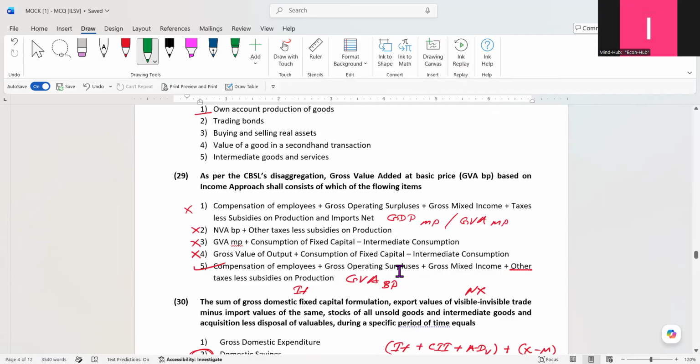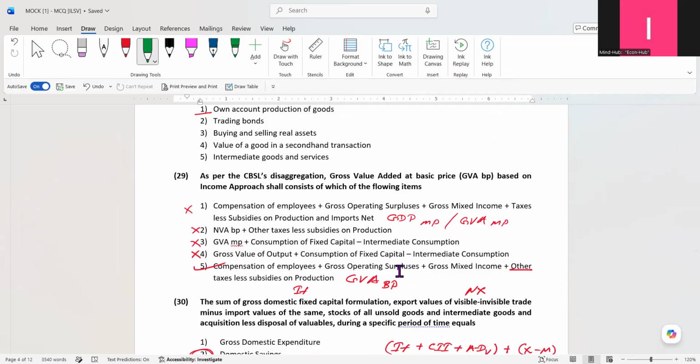29. As per the CBSL disaggregation, gross value added at basic price based on the income approach shall consist of the following. So the correct formula is number 5: compensation of employees, gross operating surplus, gross mixed income, other taxes less subsidies on production. Why should we take only other taxes?